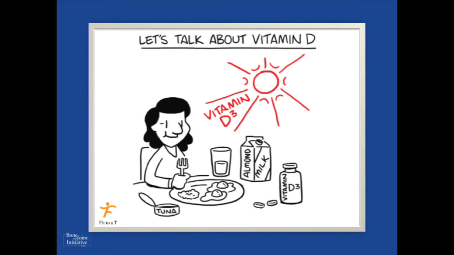Recommendations may be different if you have osteoporosis or have been found to be deficient in vitamin D. There are some foods that have vitamin D, such as egg yolks, some fish, fortified dairy products such as milk that says it has added vitamin D in it, mushrooms, and fortified orange juice.